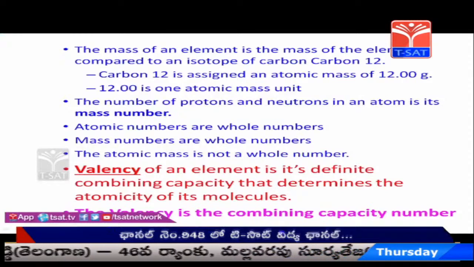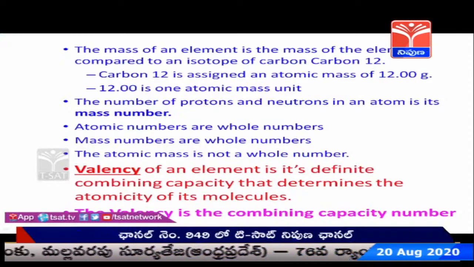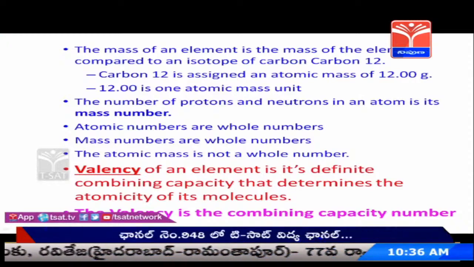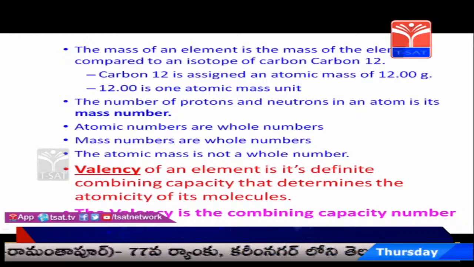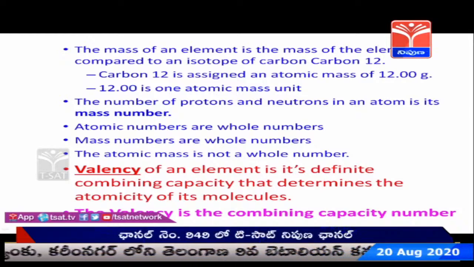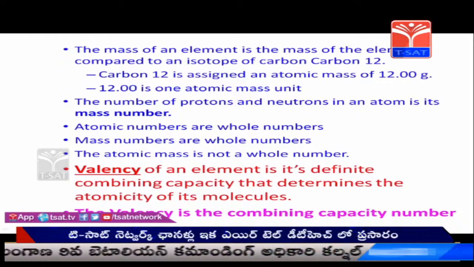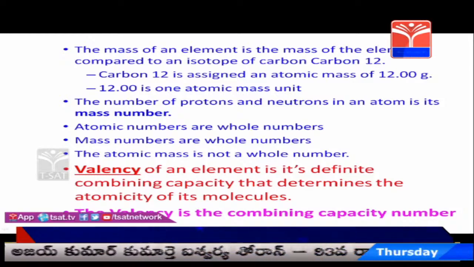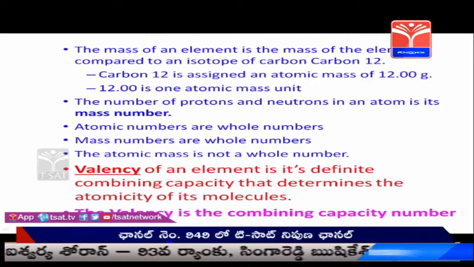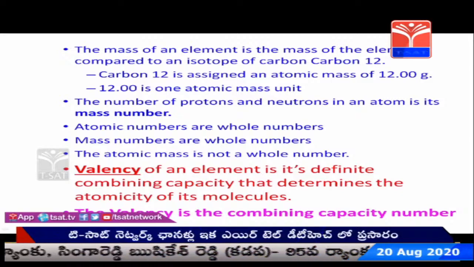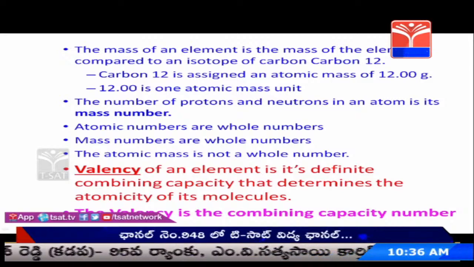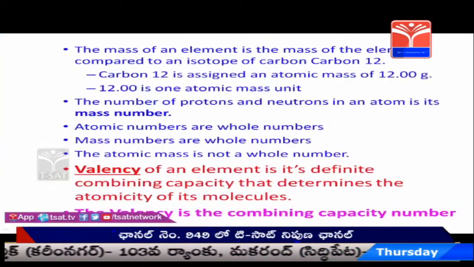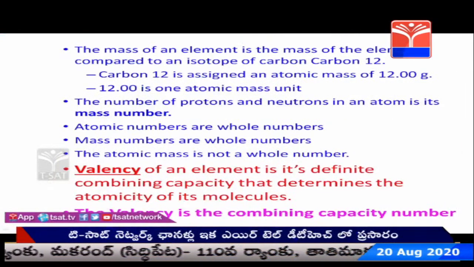Now, carbon is assigned an atomic mass of 12 grams. That means the atomic mass of carbon is 12. It is called 1 unit, atomic mass unit. We represent it in a shortcut way, AMU. So, the AMU of carbon is 12. Based on this atomic mass of carbon, we calculated the atomic masses of different elements.